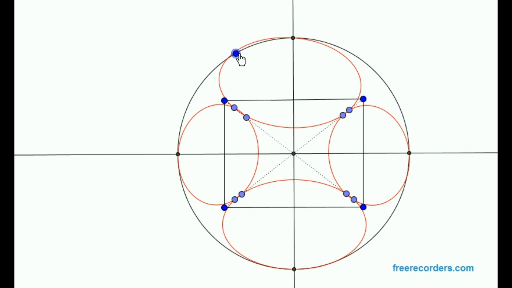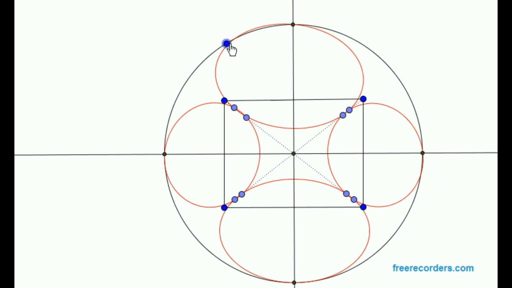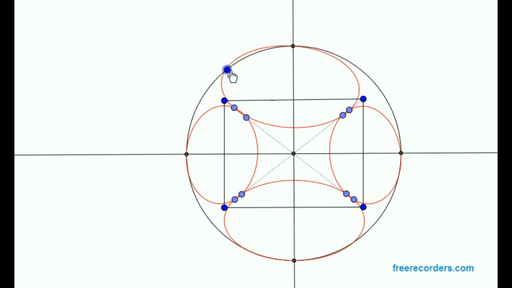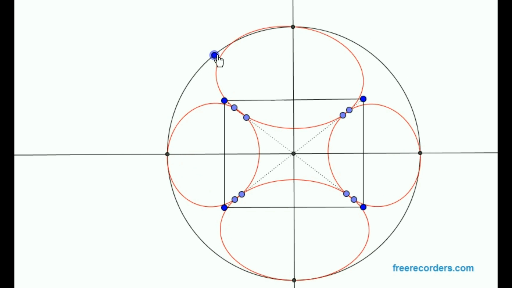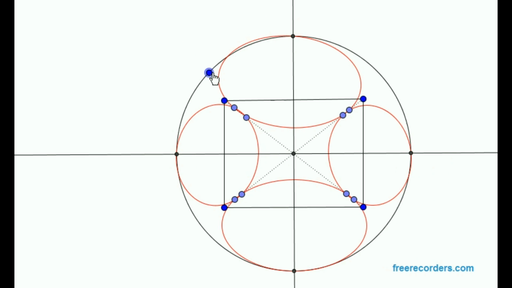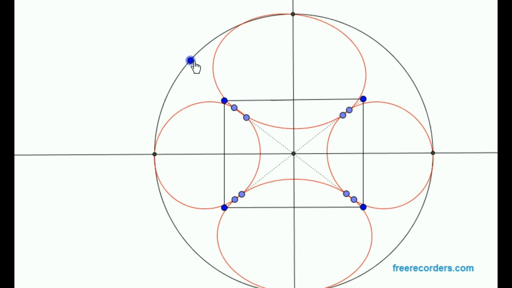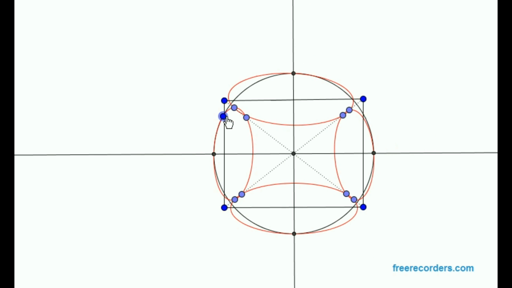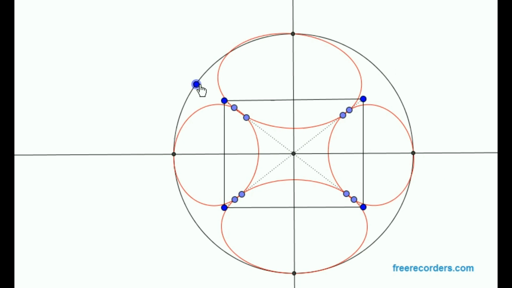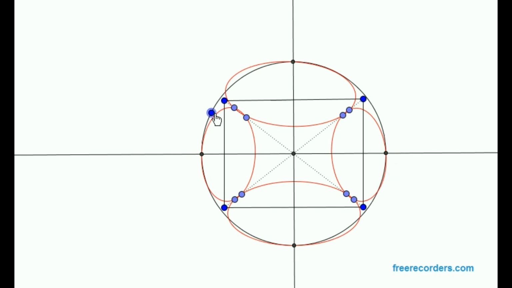needs 5 points to define it, needs 5 contact points, but there are only 4 blue contact points, and so there's a whole family of conics which satisfies this meeting-the-diagonal-dotted-line criteria, and we can see them as we vary the position of the final point, the black point.